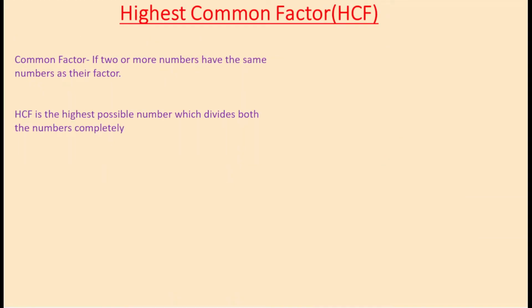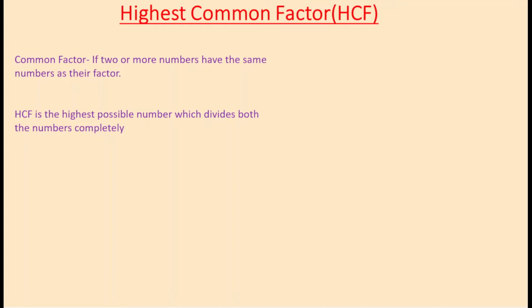Before going into Euclid's division algorithm, we should know what the highest common factor is. And before that, you should know what a common factor is. If two or more numbers have the same number as their factor, it is called a common factor.